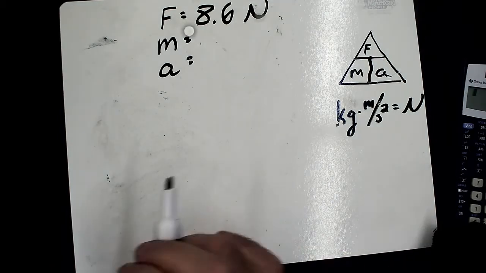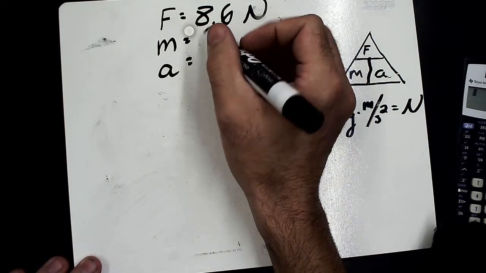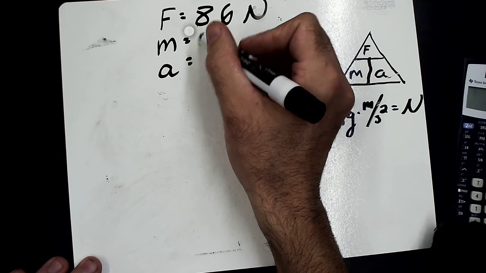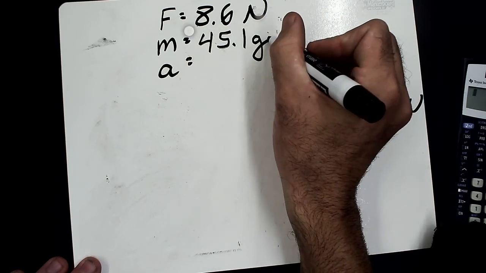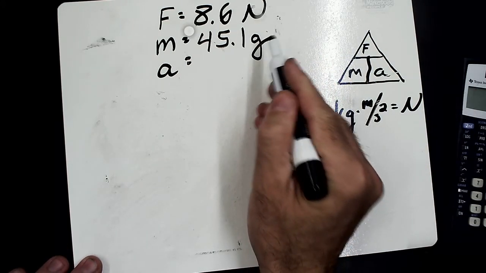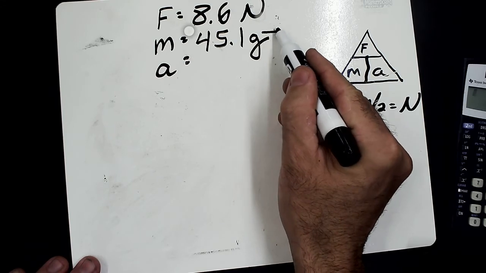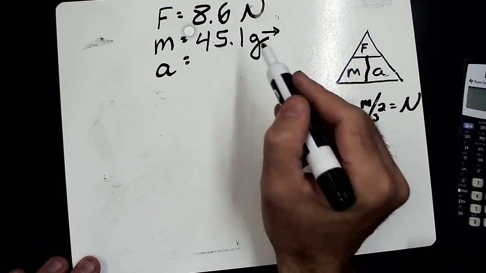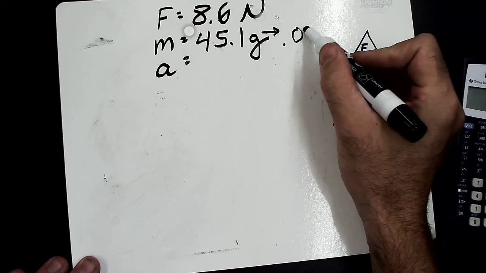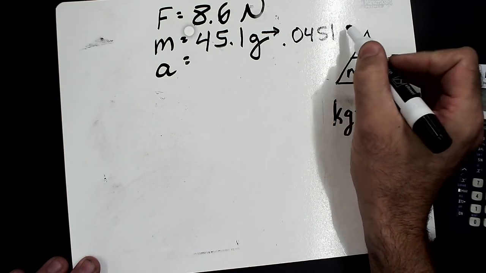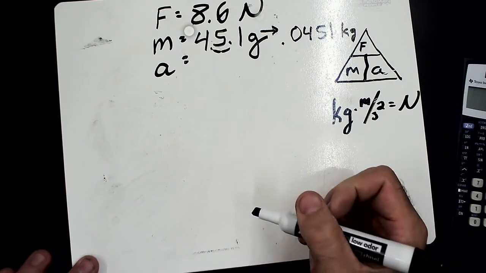And let's say the mass is, I don't know, 45.1 grams. Can't use grams, it has to be kilograms. So the first thing you've got to do is convert that into kilograms. So 3 places to the left, 0.0451 kilograms.